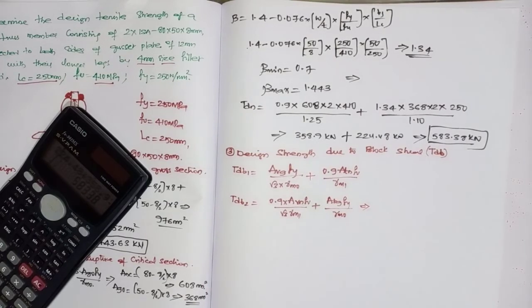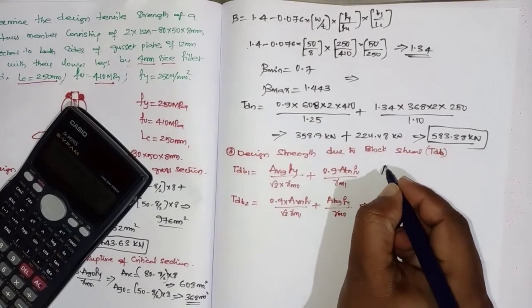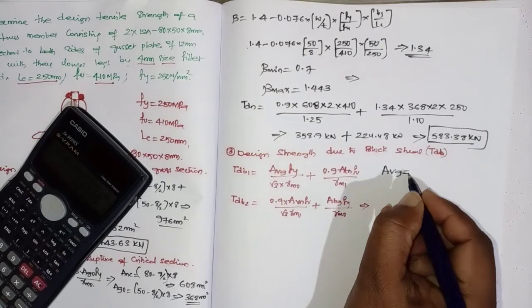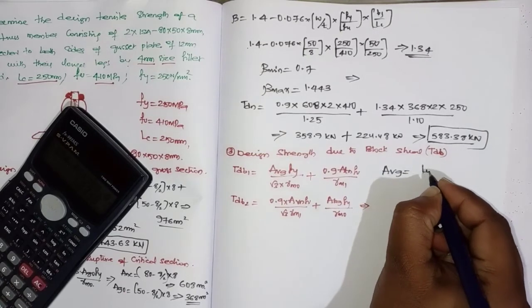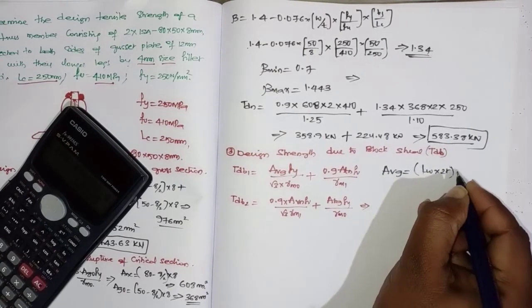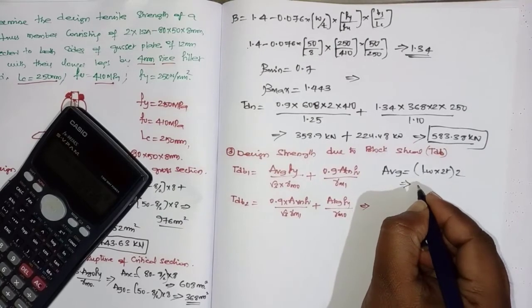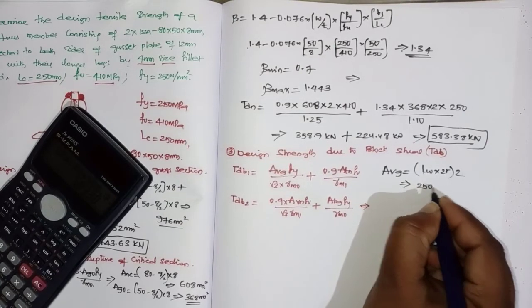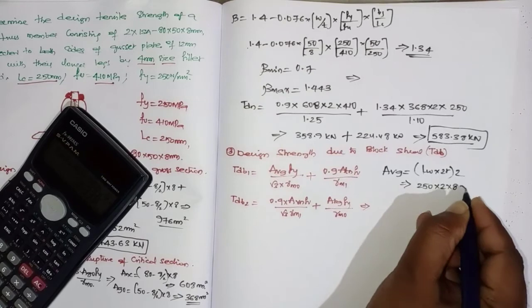Now, what is Avg? Area under shear, that is Lw into 2 into t, two sides 2. So 250 into 2 into 8 into 2.